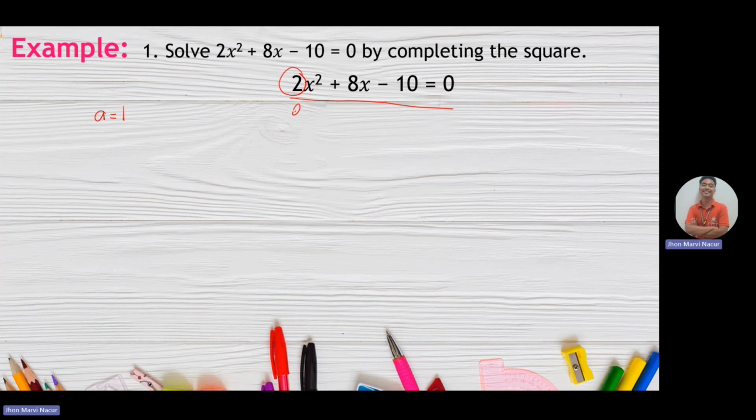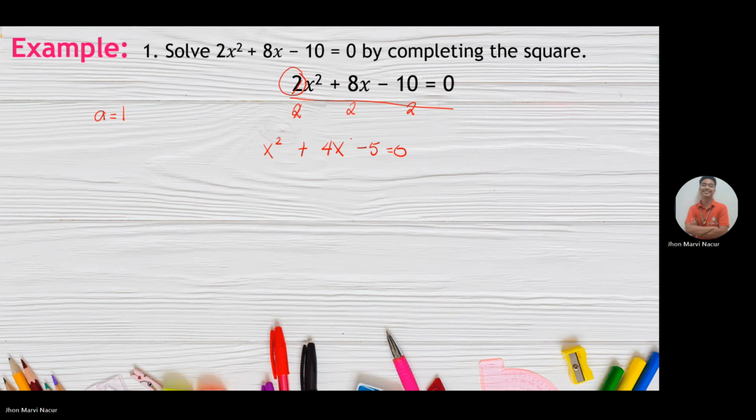Very good. So we need to divide 2, 2, 2. 2 divided by 2 will become x squared plus 8x divided by 2. This is simply 4x. Negative 10 divided by 2 is also negative 5, is equal to 0.